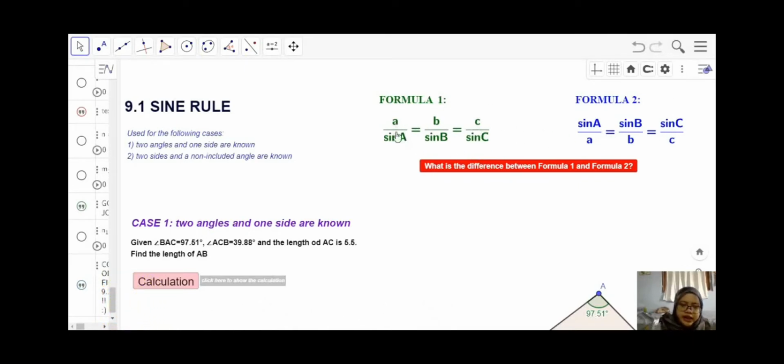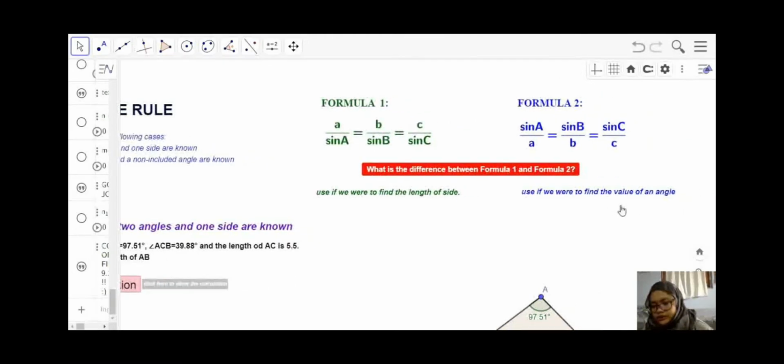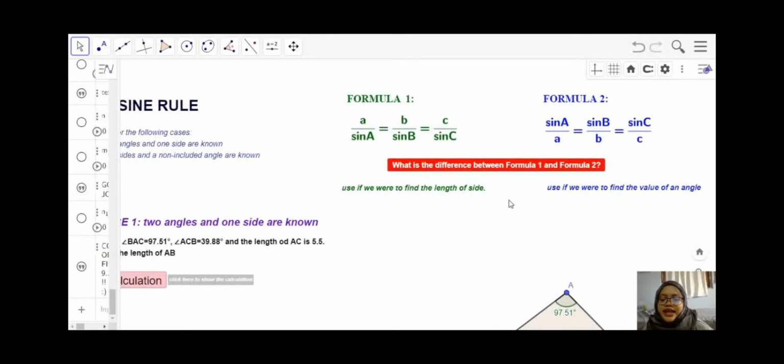Formula 1 is A over sine A equal to B over sine B equal to C over sine C. And for the other formula, we just let the denominator from the previous formula become the numerator, and it becomes sine A over A equal to sine B over B equal to sine C over C. The difference between these two formulas is we use formula 1 when the question asks to find the length of a side, and formula 2 when the question asks for the value of an angle of the triangle.